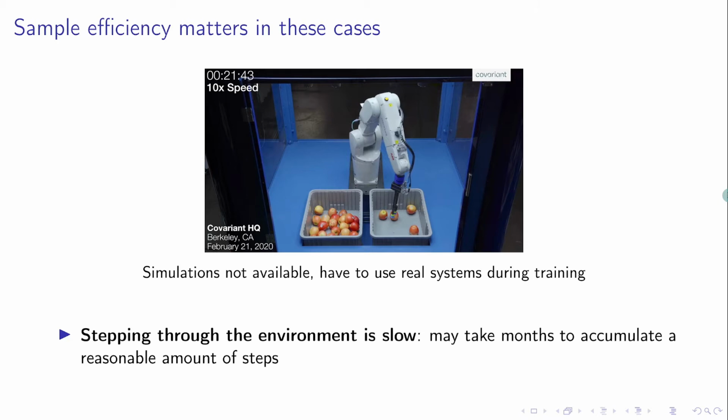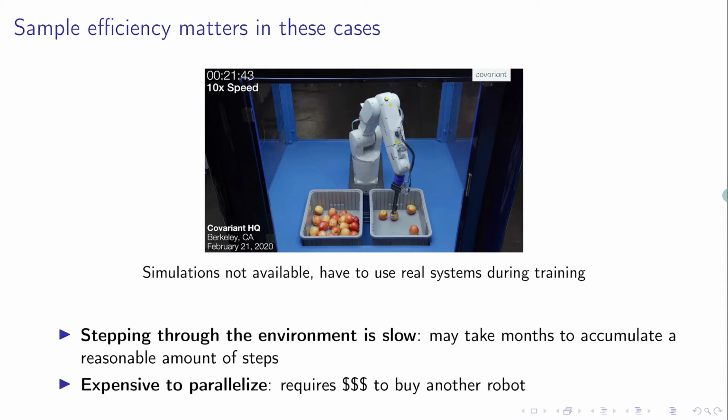It may take months to complete the reasonable number of steps required for learning. One way to work around the slowness is to parallelize, that is to run many instances of the environment simultaneously, thereby collecting more steps per unit time. But this is often quite expensive and prohibitive for physical systems.